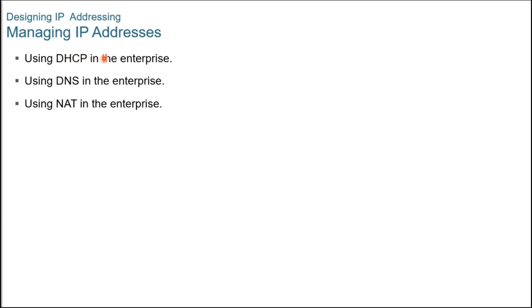DHCP uses a client-server model. The DHCP server can be a Windows server, a Unix-based server, or a Cisco IOS device. Cisco IOS devices can also be DHCP relay agents and DHCP clients.